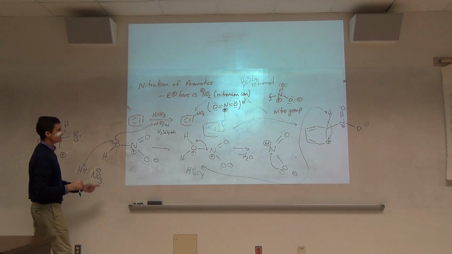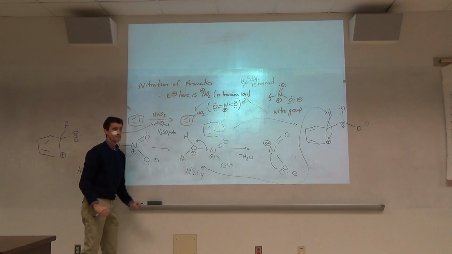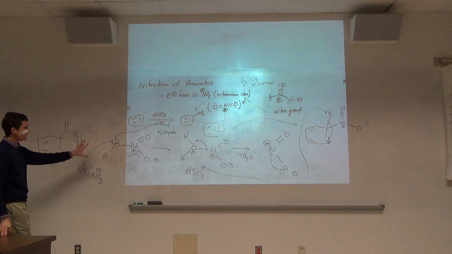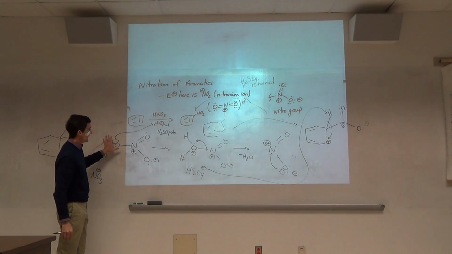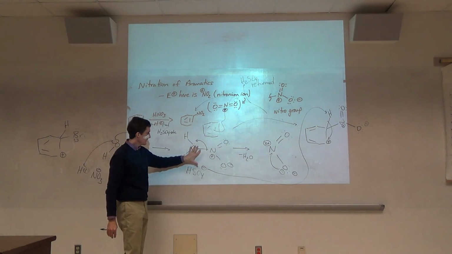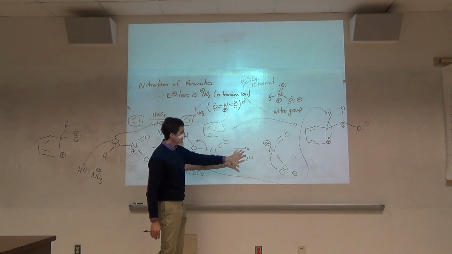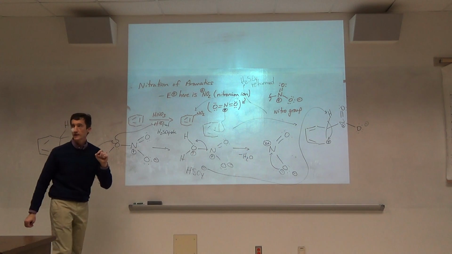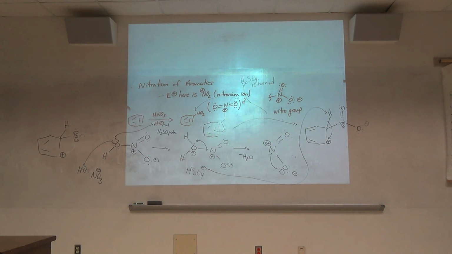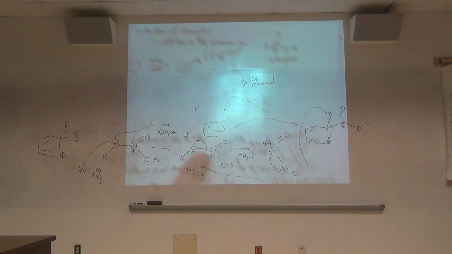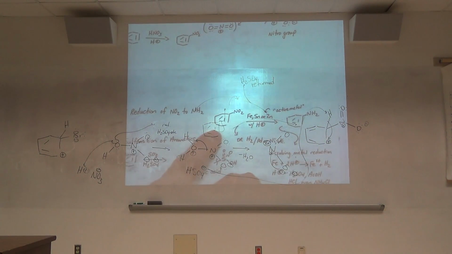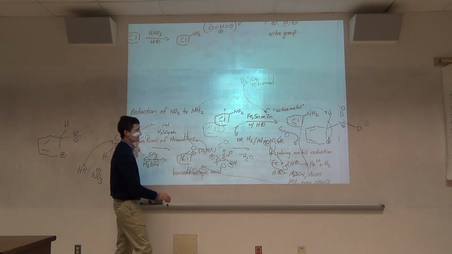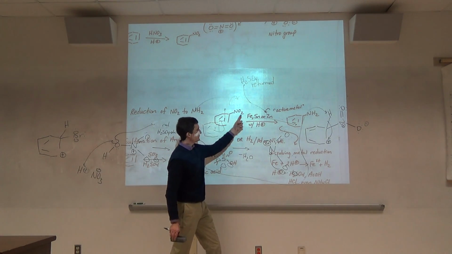So using sulfuric is sort of just textbook. There are other ways to get your protonated nitric acid. And you get the nitronium ion. That's your electrophile. Okay. Once we make nitro, it's very versatile. It's your typical precursor to an amino group.